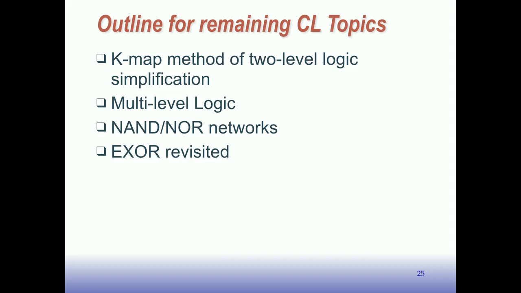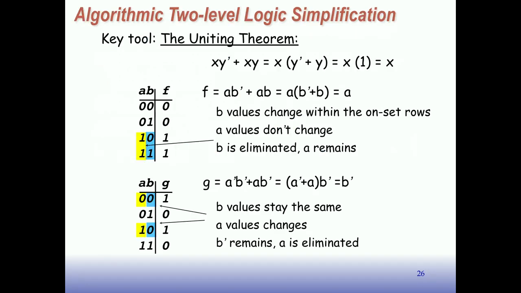And NAND and NOR networks, as I mentioned, they're interesting and important to us because in CMOS, NAND and NOR gates are much more efficient to implement than AND and OR gates. And then if we have time, my favorite function, exclusive OR, we'll talk about exclusive OR a little bit.